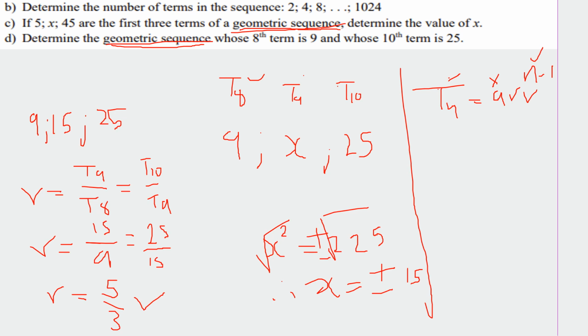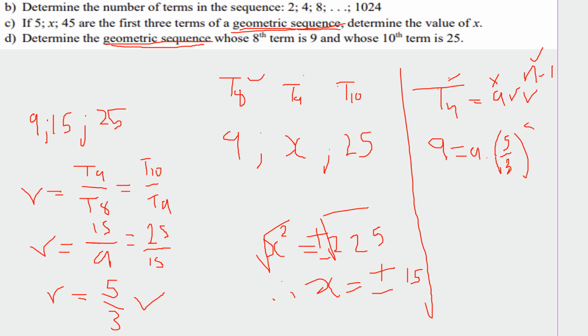So let's substitute: the 8th term has the value of 9, but we don't know the first term, which is a, multiplied by r, which is 5 over 3, all to the power of n minus 1, where n is 8 because 9 is at position number 8.